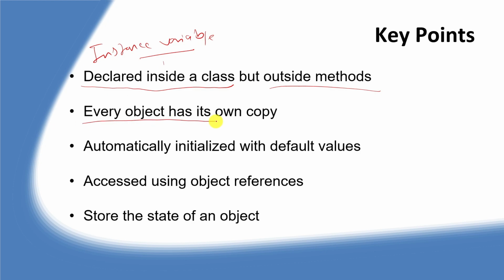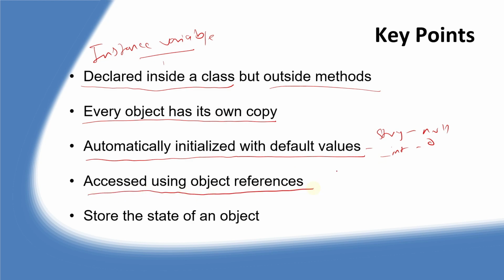Every object has its own copy of the instance variable. It is automatically initialized with default values. If we are not passing any arguments while object creation, then it will pick default values automatically. We have seen, for String, null, and for int, 0, likewise. Based on the data type, the default values get assigned.